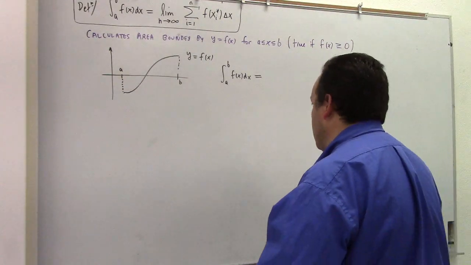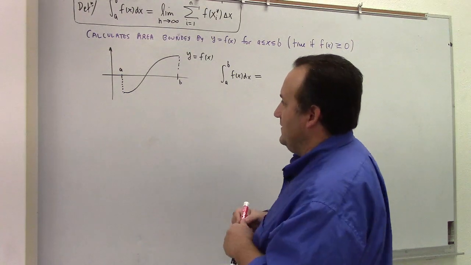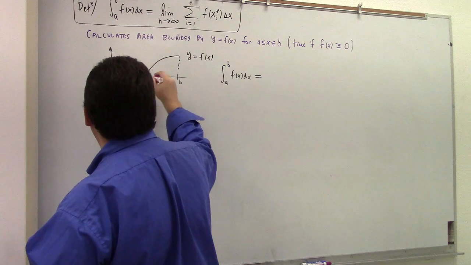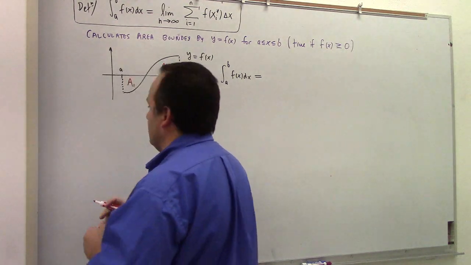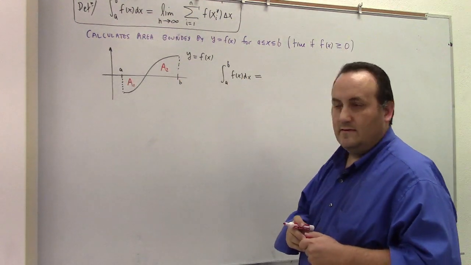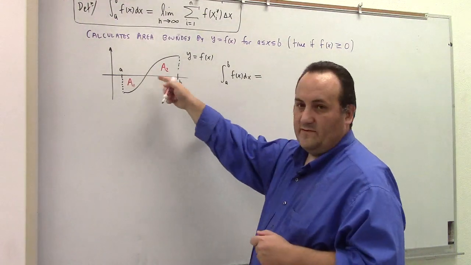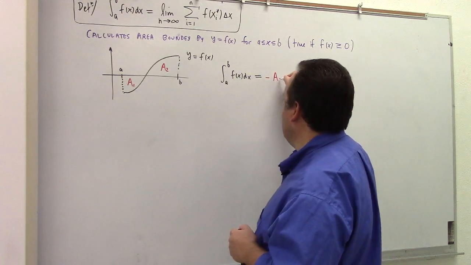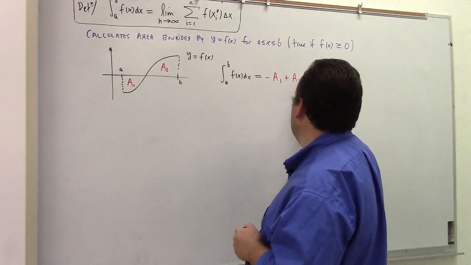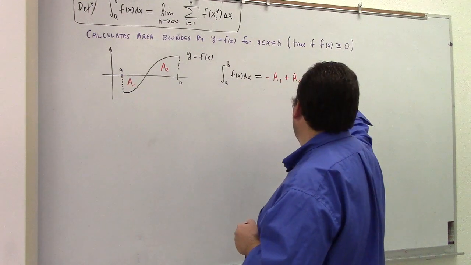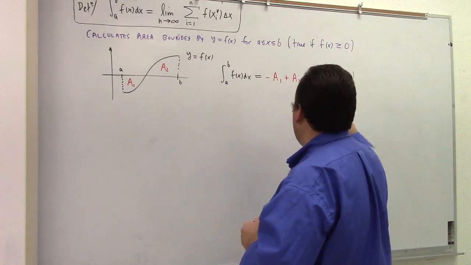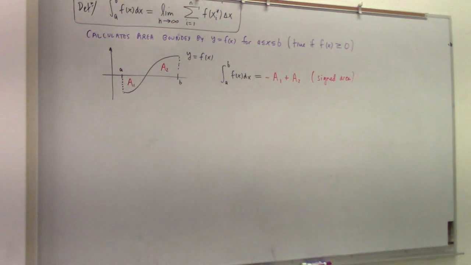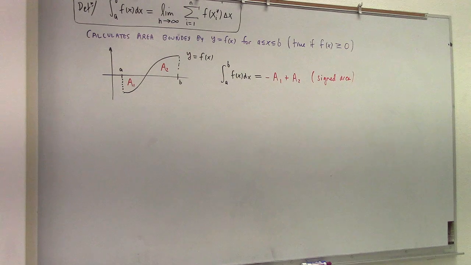If this area is A1, and this is area A2, then this integral is actually minus A1 plus A2. This is a signed area. It counts area below the x-axis as negative, and area above the x-axis as positive.